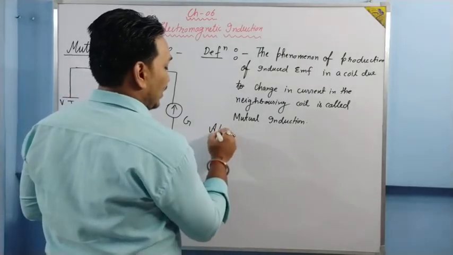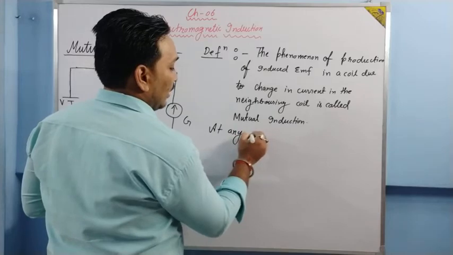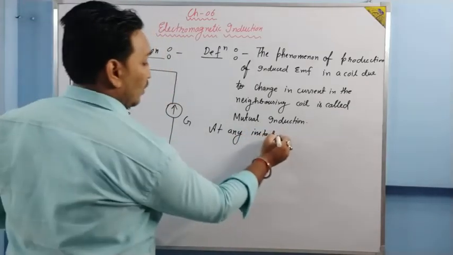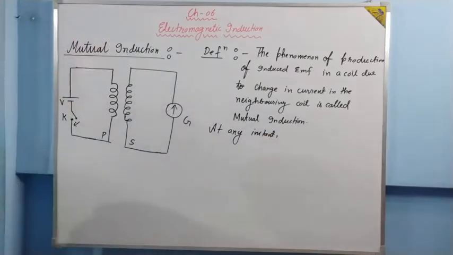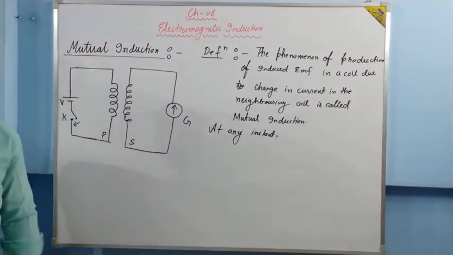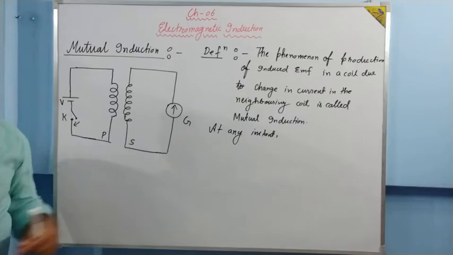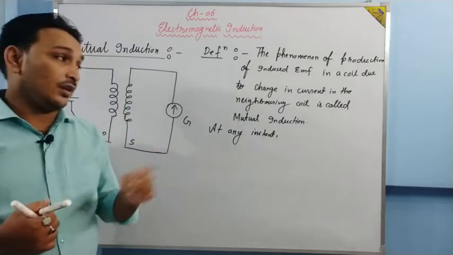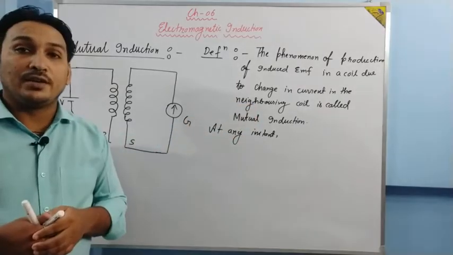Now, at any instant, the magnetic flux which is passing through the secondary coil, if that magnetic flux changes, that causes the induced EMF or the induced current.